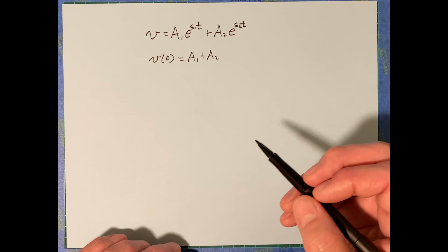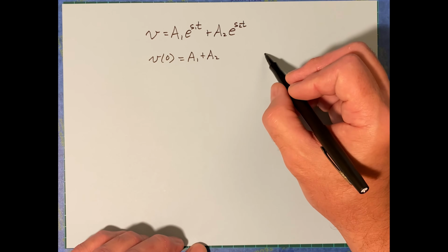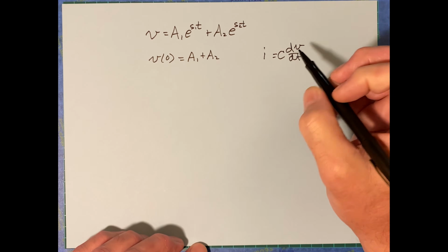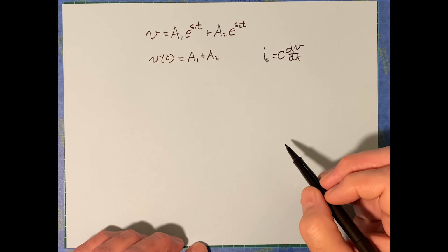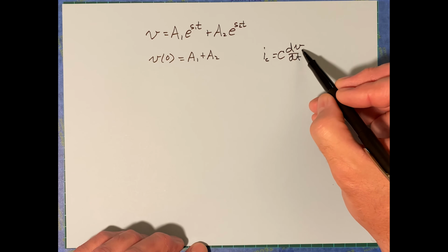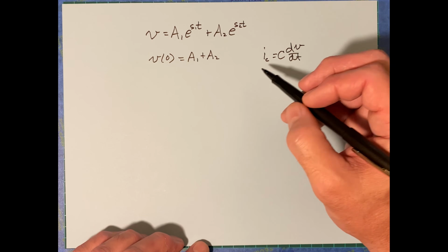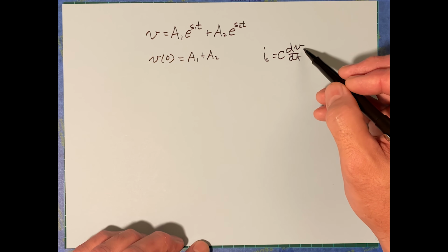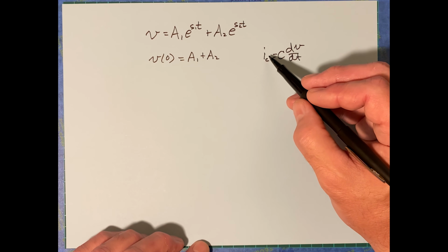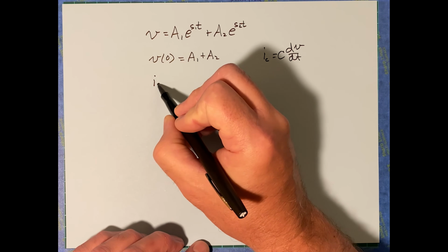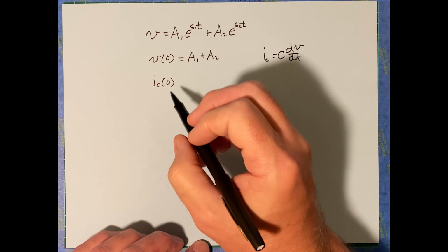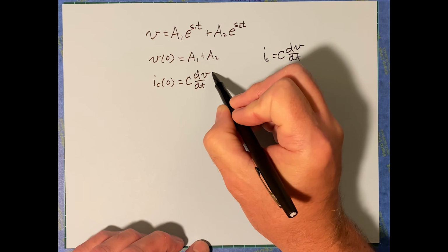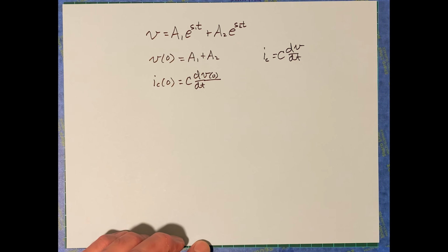And one of the equations that's going to help with that is I equals C dV/dt. Now this is specifically the I through the capacitor here. Everything has the same voltage, so there's no need for the subscript on the voltage. But if you know what the derivative is at t equals 0, or you know what this initial current is, so let's say that you know what I sub C at 0 is, then that's going to be equal to C times dV/dt evaluated at t equals 0.